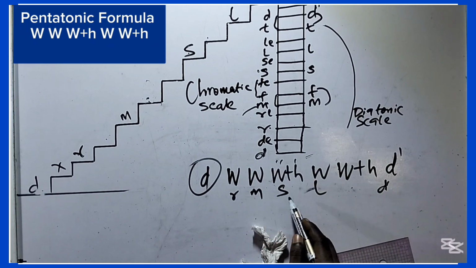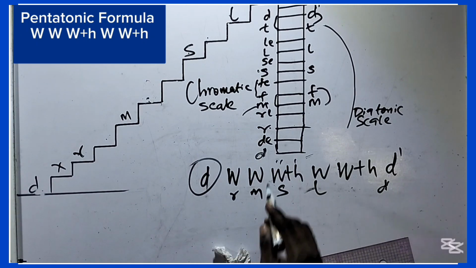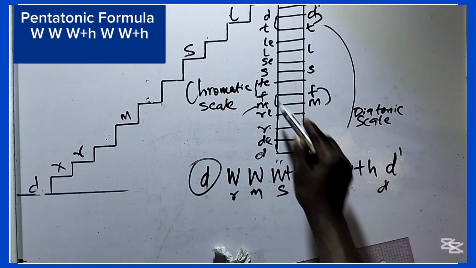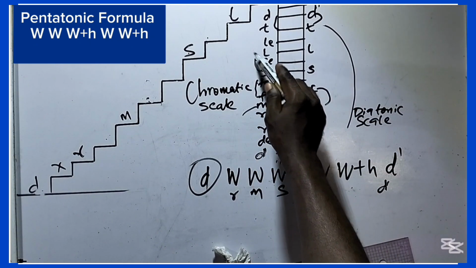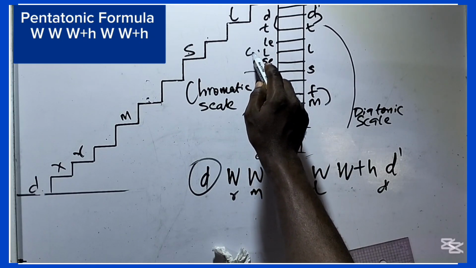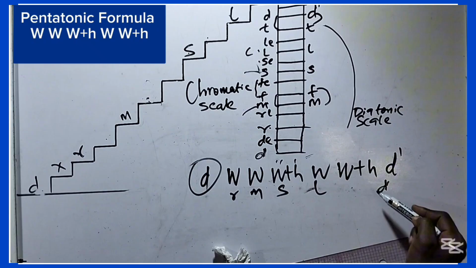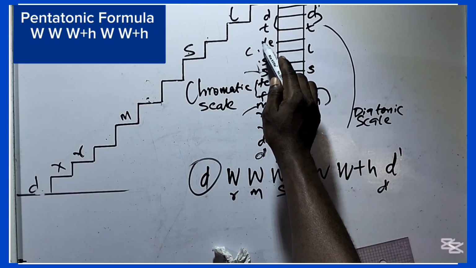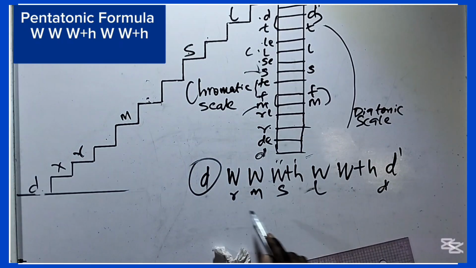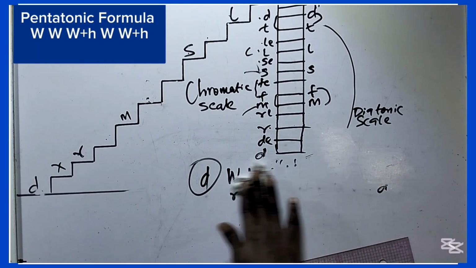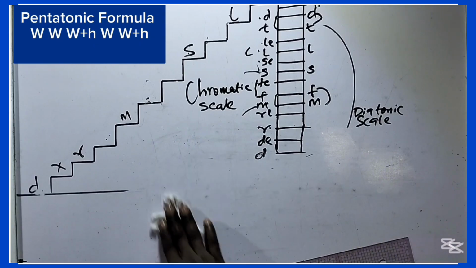Do you understand? So for you to get sol to la, it is a whole note again. After sol, 1, 2, you get la. From la to do, you count 1, 2, 3. That is whole plus half. I have explained this scale enough. Please, you need to go and understand it.